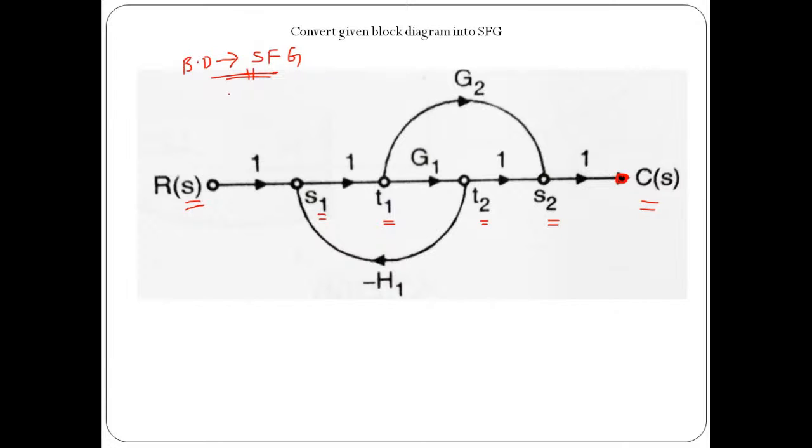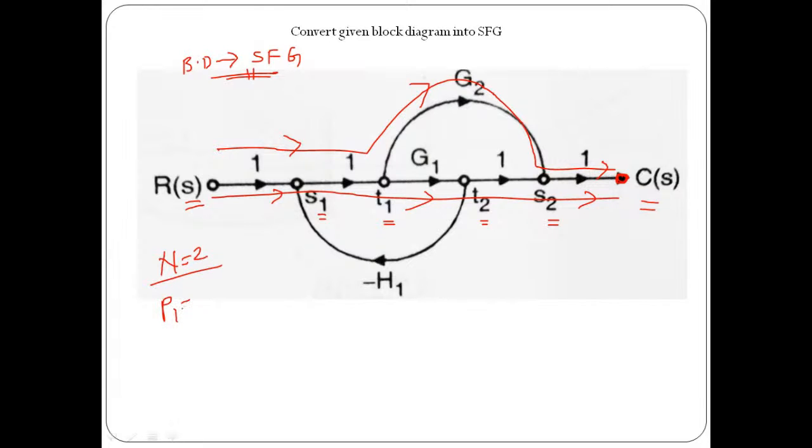I think in this case we have two forward paths. The first one is a straight forward path: R of S, S1, T1, T2, S2, and then reaching C of S. And the second forward path is R of S, S1, T1, and then move to S2, and then C of S. So in total we have two forward paths, and hence the value of n is going to be equal to 2.